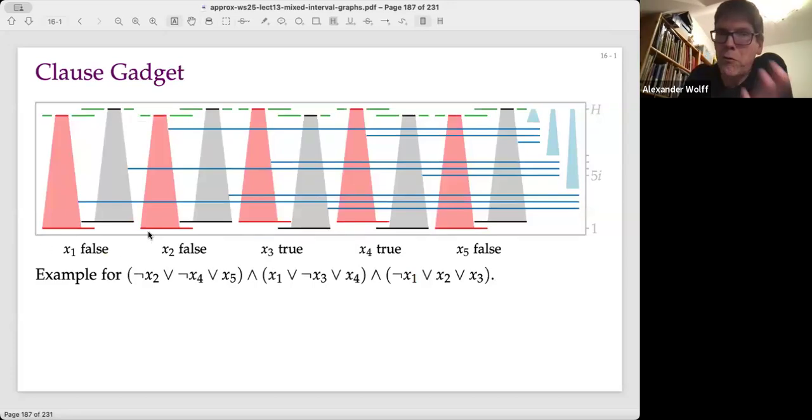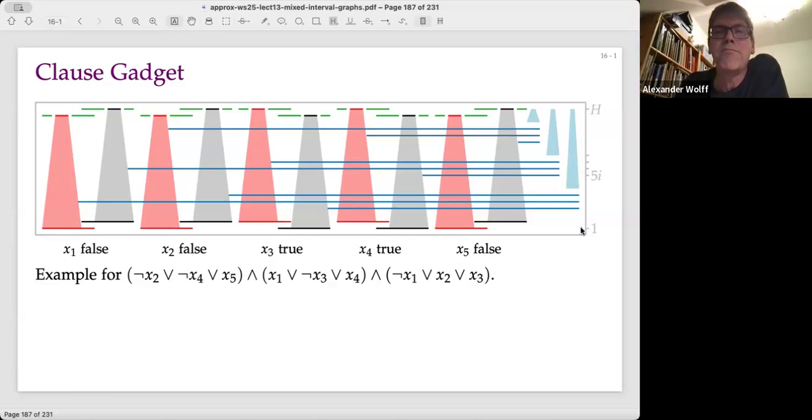I have a red and a gray Christmas tree for each variable, and then I have these blue long intervals that are actually subdivided if you looked carefully in the previous picture. And three of them line up with each clause.